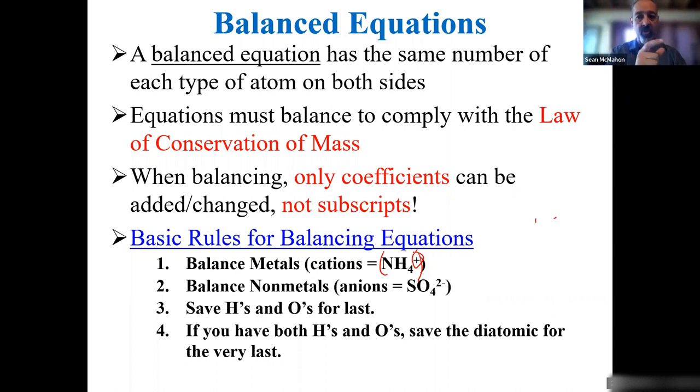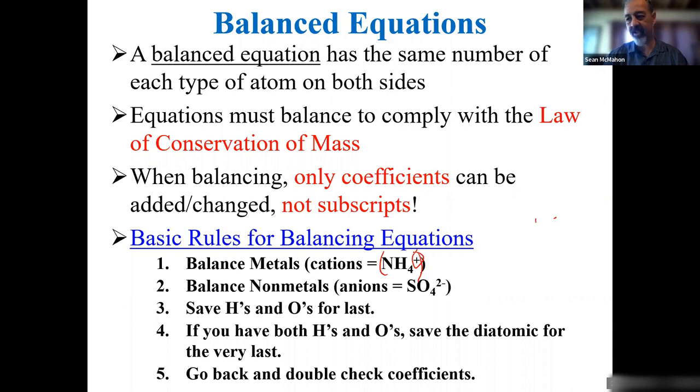So if I have an O2, then hydrogen would go first, and then I would do oxygens, because that diatomic element means I have oxygen by itself. It'll make it easier for me to balance. And then obviously, sometimes you change coefficients and you have to work your way back and check, kind of like with coefficients in polynomial functions.